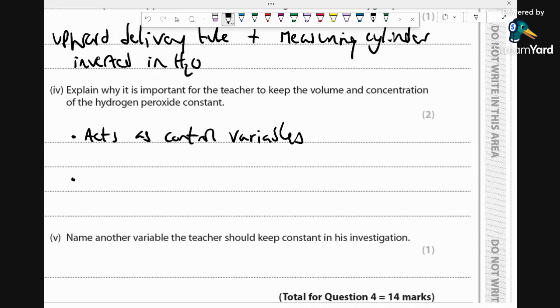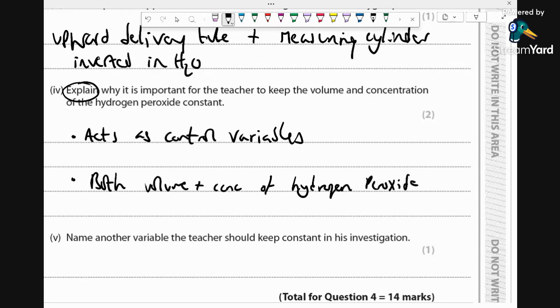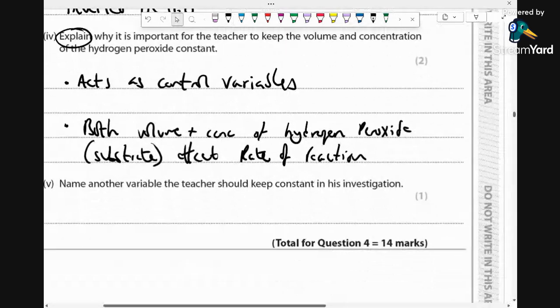Because, and again, we need to explain why both of these, so both the volume and the concentration of hydrogen peroxide, bear in mind this is a substrate for the reaction, will affect the rate of the reaction.